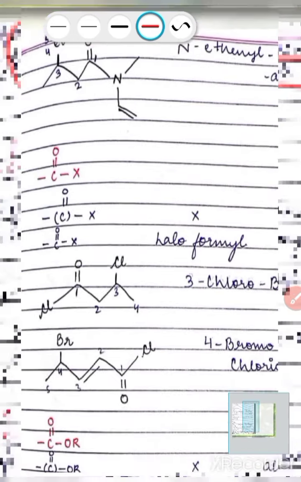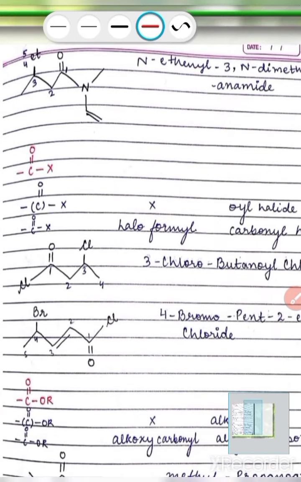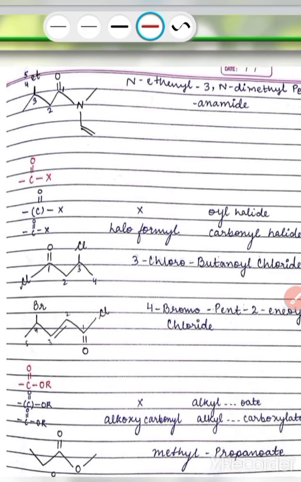Now our next group is the COX group, that is the haloformyl group. In this, if C is part of the carbon chain, then we have oyl halide as suffix, and if C is not a part, then the prefix used is haloformyl and the suffix used is carbonyl halide.